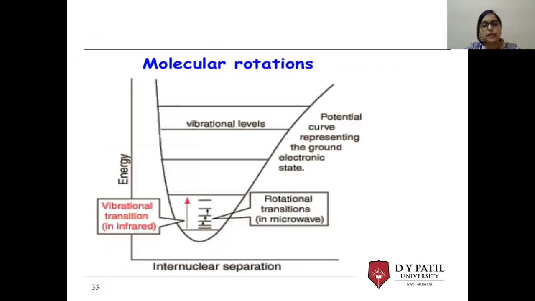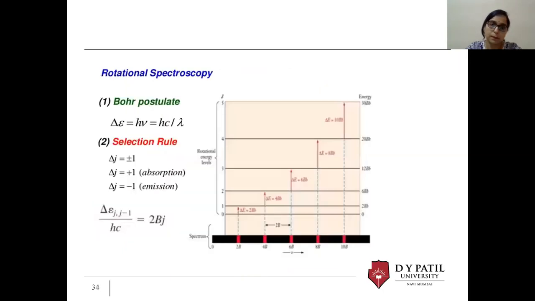Now, to indicate molecular rotations, we can understand what kind of rotational transitions are possible, especially when a sample comes in contact with a microwave, or what kind of vibrational transitions are possible, especially when a sample comes in contact with infrared. So the potential curve represents the ground electronic state, and this curve indicates the different rotational levels and different vibrational levels, and how an electron can be allowed from a lower rotational energy level to a higher rotational energy level, whereas how an electron can also jump from a lower vibrational energy level to a higher one.